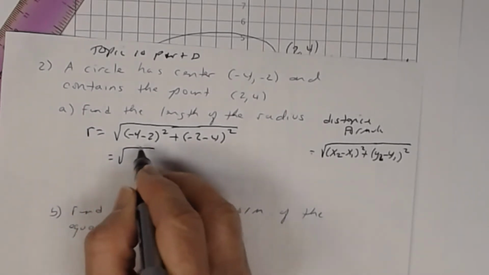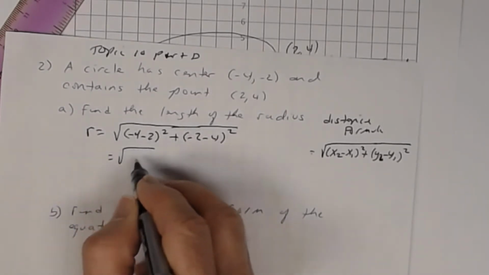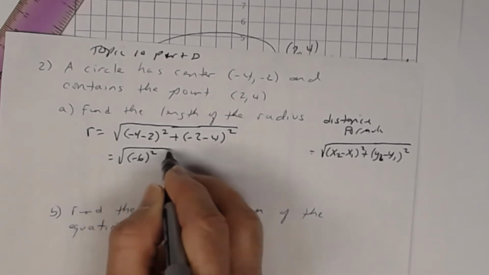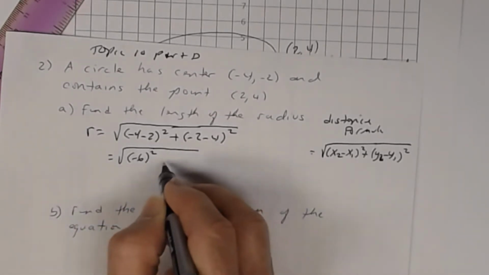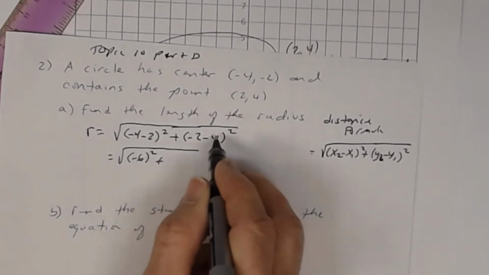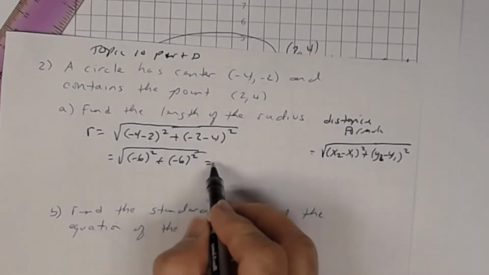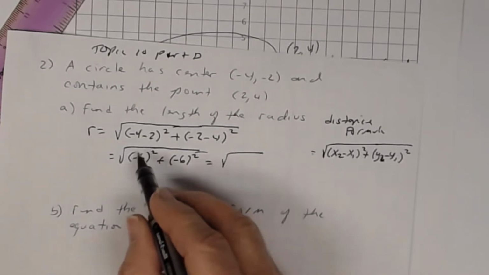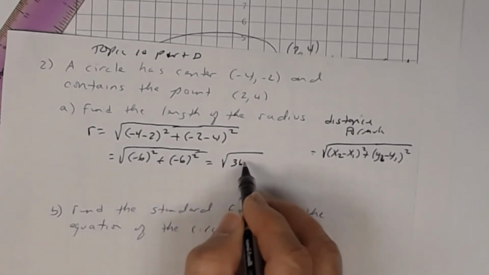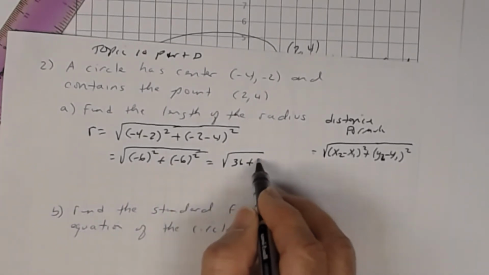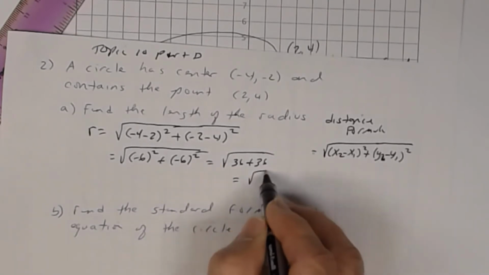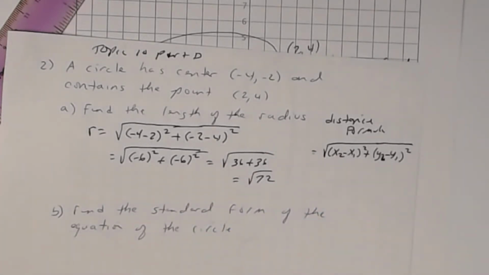So it'll be the square root of (-6) squared plus (-6) squared. And then that becomes the square root of 36 plus 36, since -6 times -6 is 36, and you get the square root of 72. Okay? All right. So there's the radius.